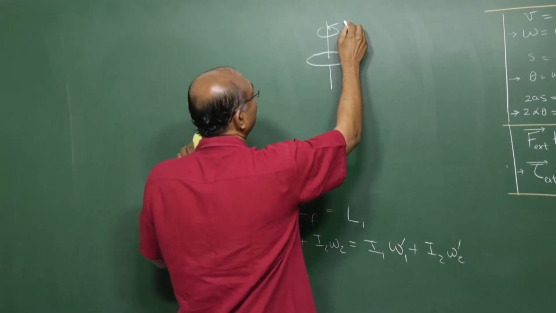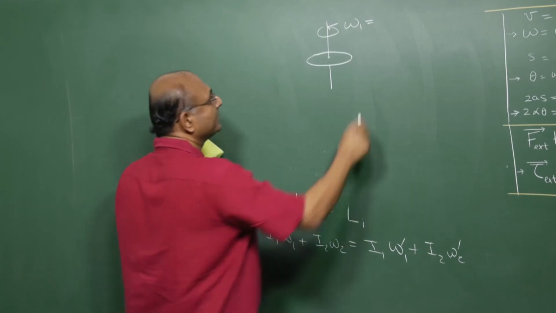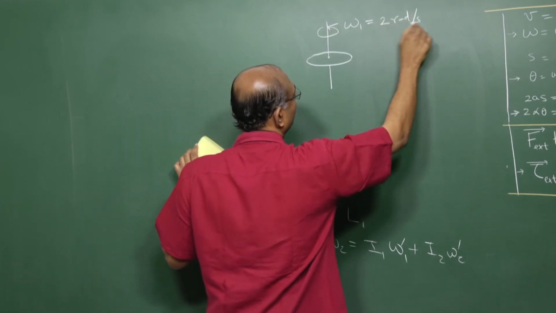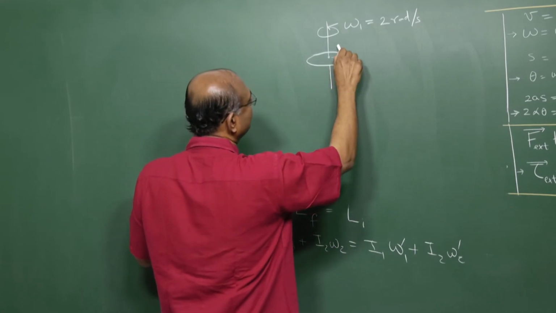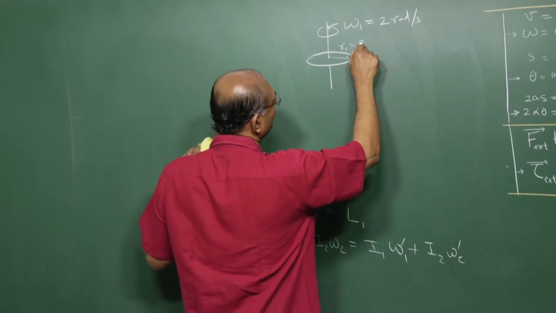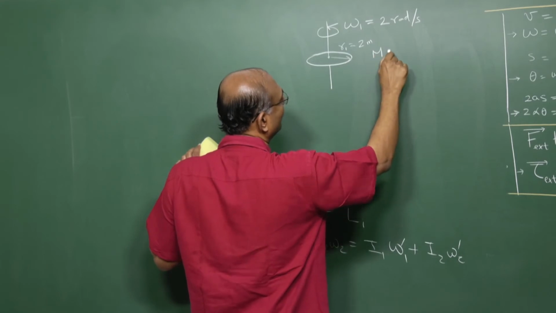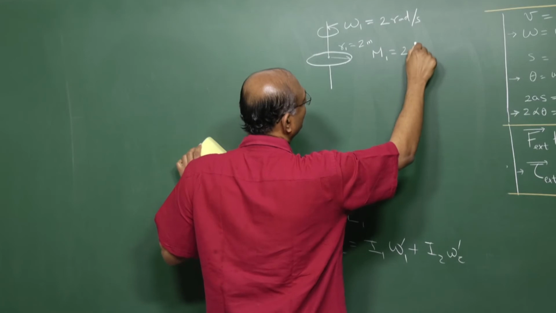So I'm going to say that this disk's angular velocity omega 1 is 2 radians per second. The disk has a radius r1, let us say 2 meters, and it has a mass m1, let us say 2 kilograms.